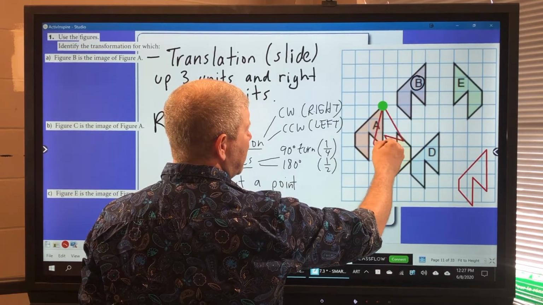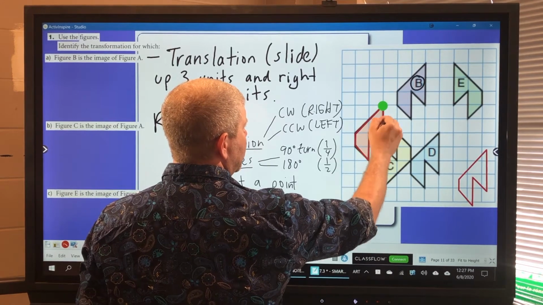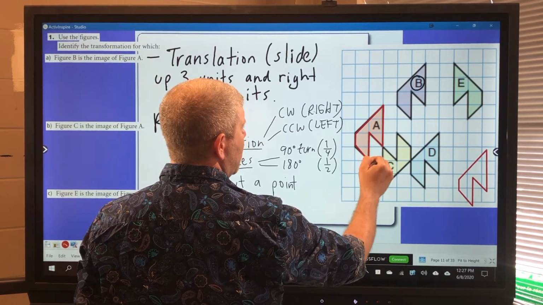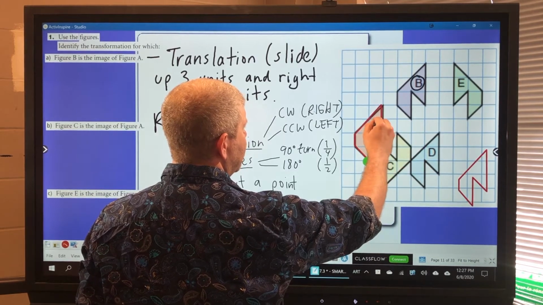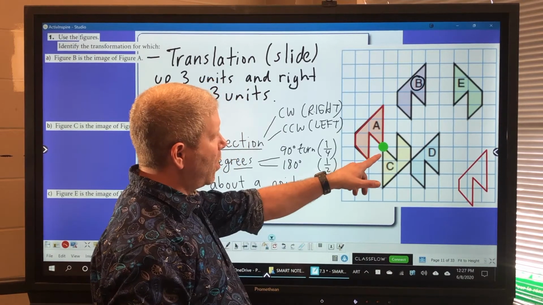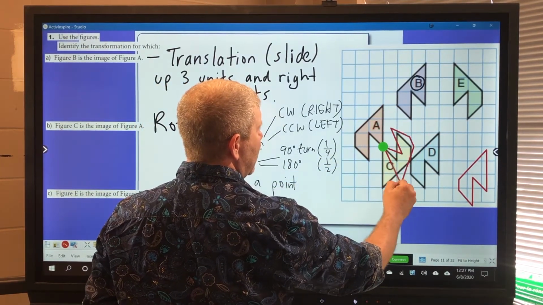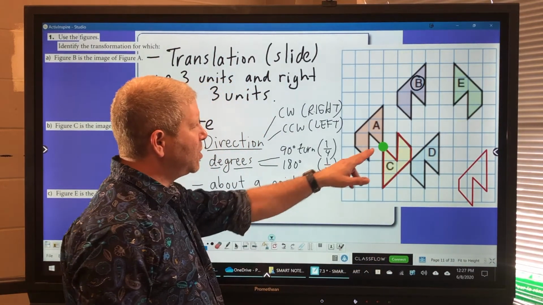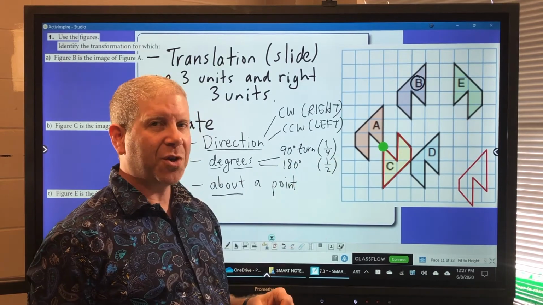But that doesn't bring me back over here. Well, let's try moving down to maybe this corner here. Well, no, that's not going to work either. Looking at this, I'm going to look at this bottom right hand corner where the two shapes meet, and I'm going to try that. And we'll notice when we put the green dot there, this works as a turn center.